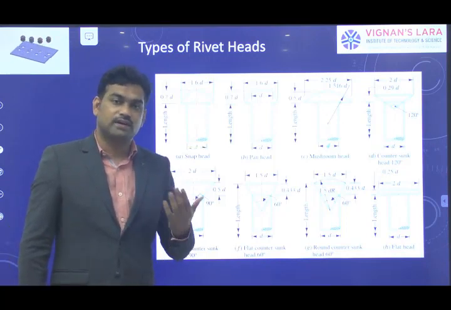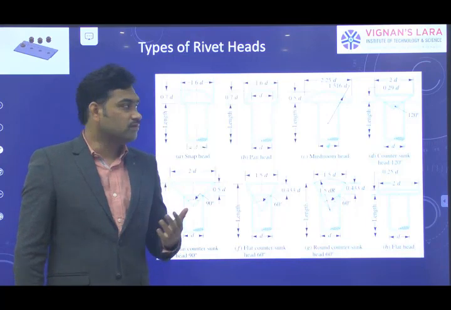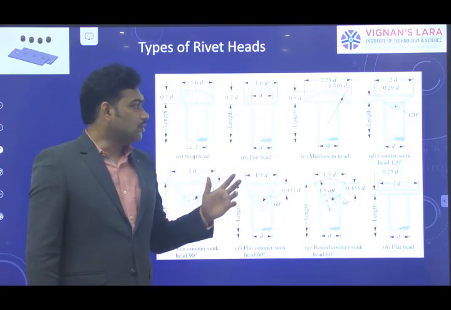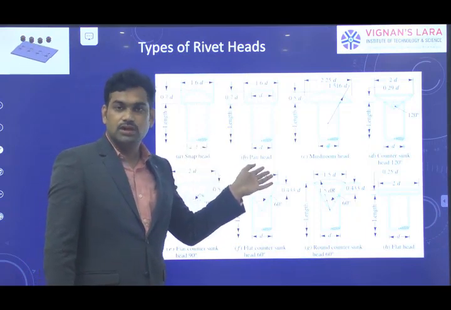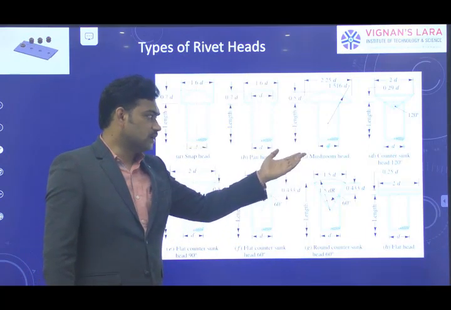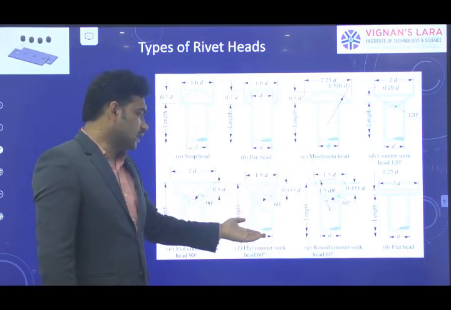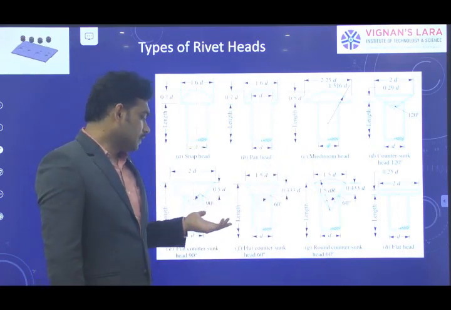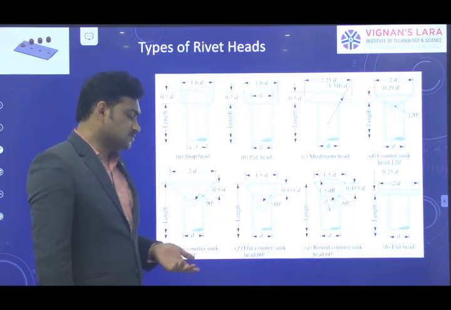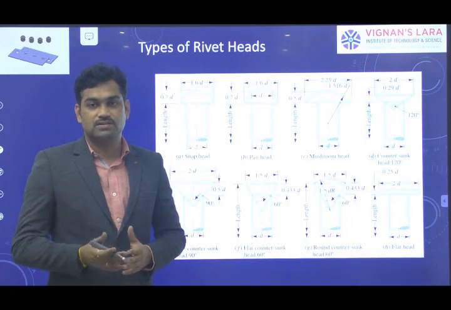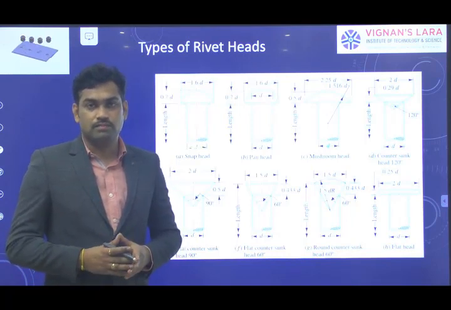But depending on the application, we can use different types of rivet heads: pan head, mushroom head, countersunk head of 120 degrees, flat head, round corner sunk head, and flat countersunk heads of 90 degrees as well as 60 degrees. You drew all of these in your previous course in machine drawing.